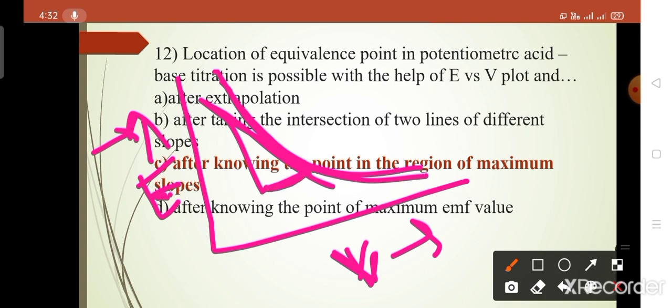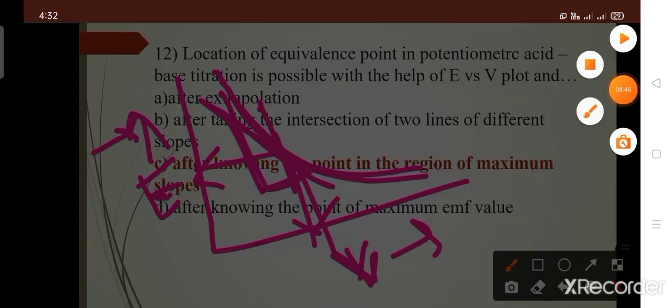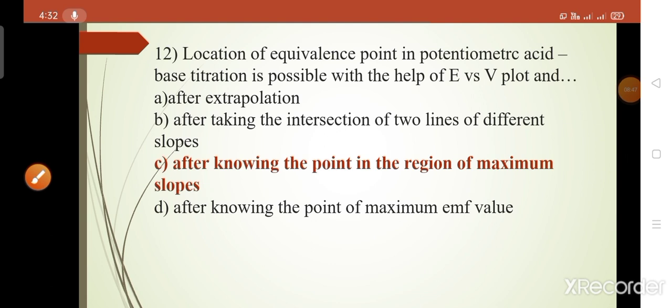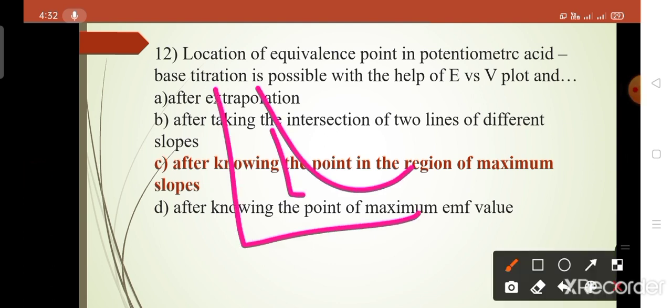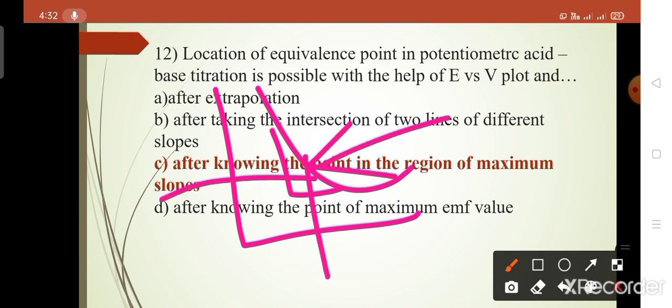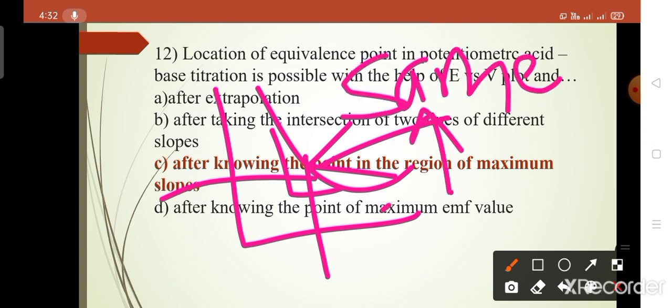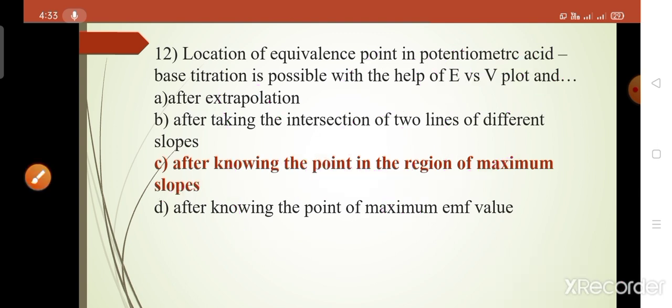Suppose this is the equivalence point. In this curve there is only one slope, so we get the equivalence point at the same slope also. It is not necessary to have different slopes, so option B is also incorrect.